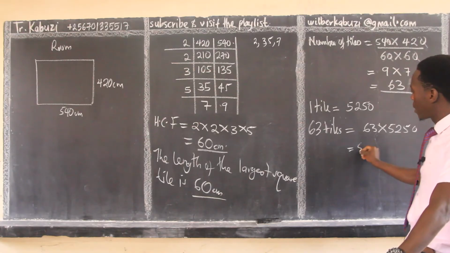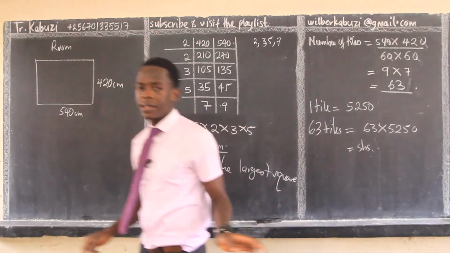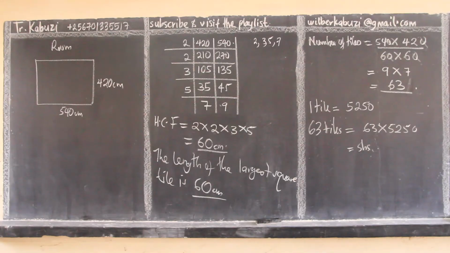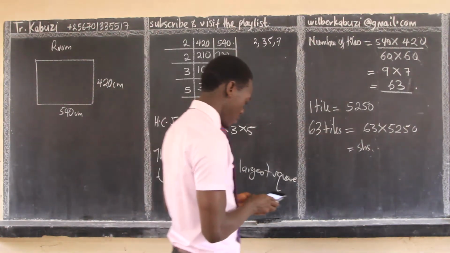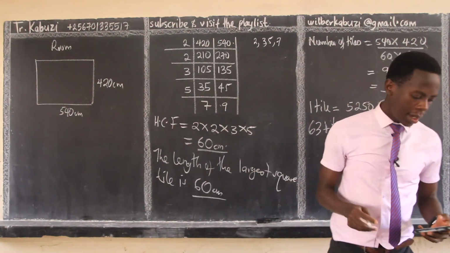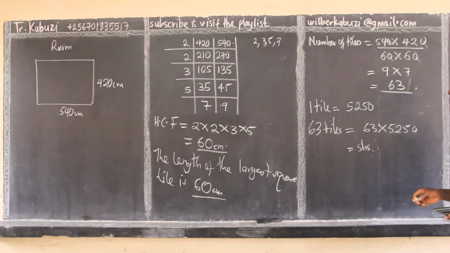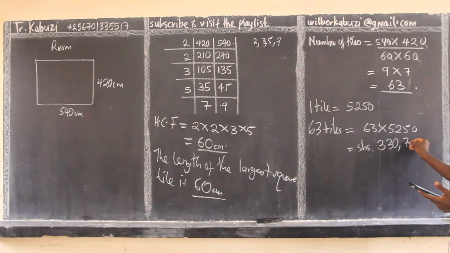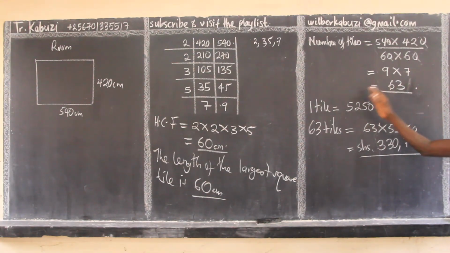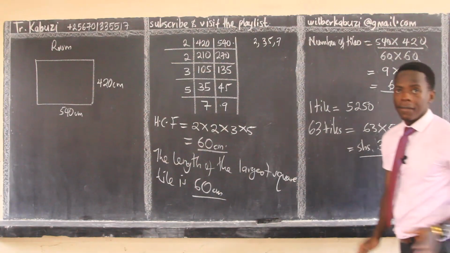And then here we give it in shillings, and when I get it, it's going to cost 330,750 as the cost for the whole project.